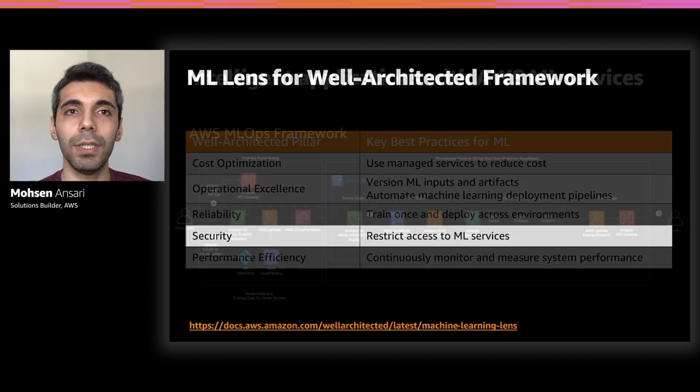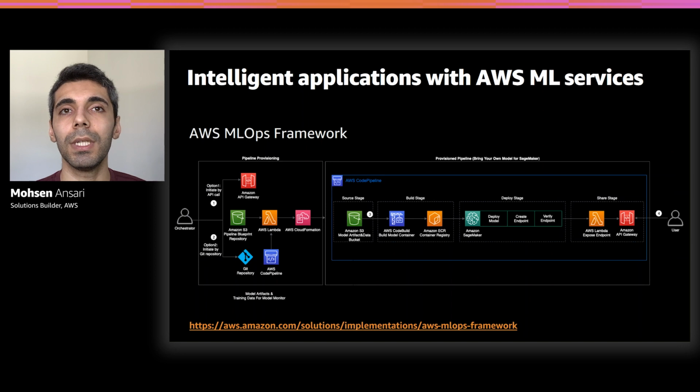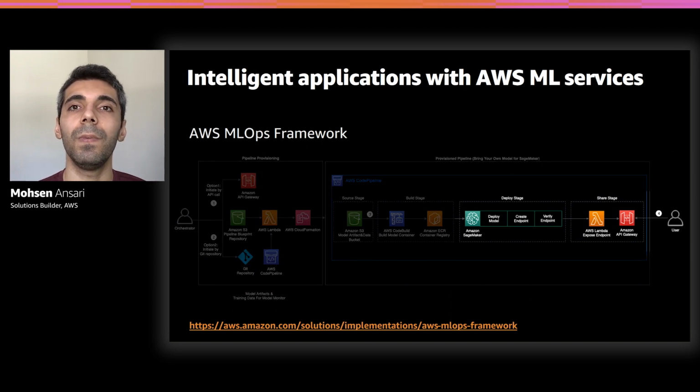So how did we achieve that in this architecture? You can see here in the highlighted section, we put an Amazon API Gateway in between the end user and the machine learning service that is SageMaker.